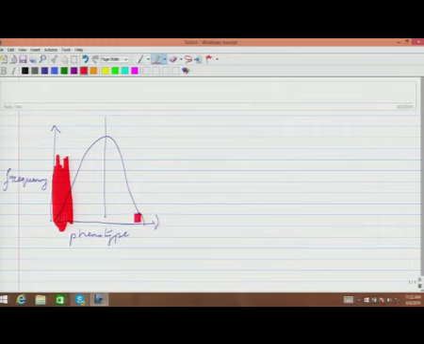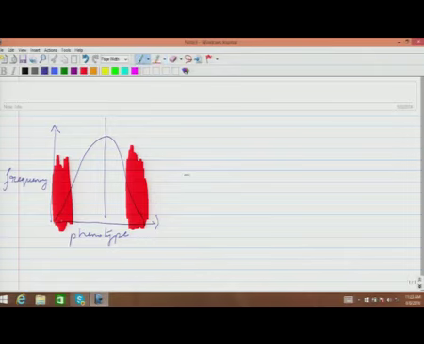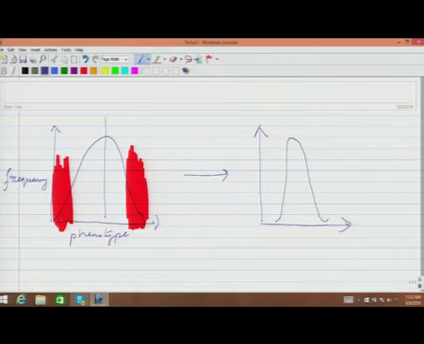So, there will be a cut from these two ends. Since the extreme traits are being eliminated, the graph will now become like this. The peak will become narrower, resulting in more number of average traits.